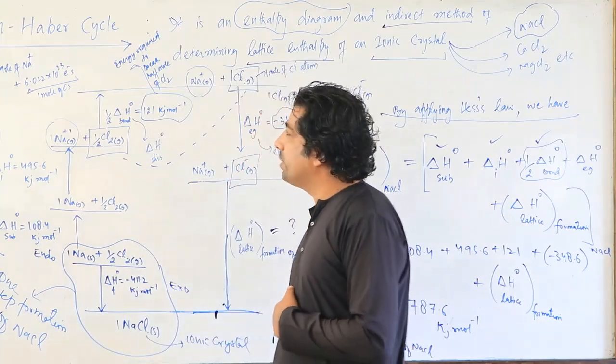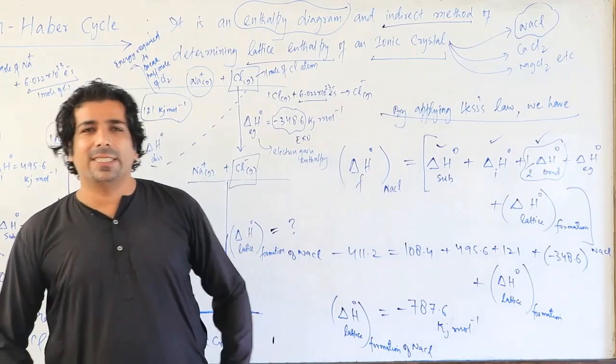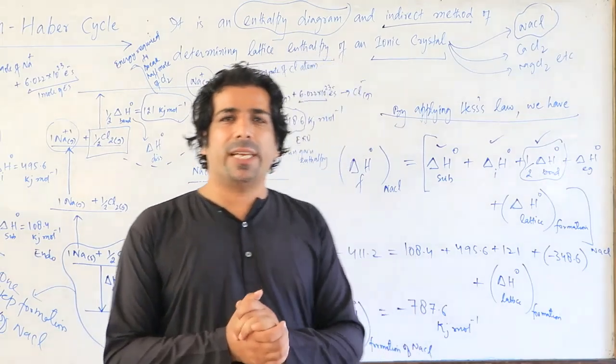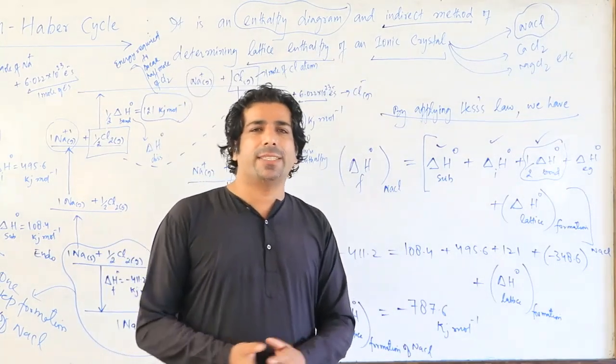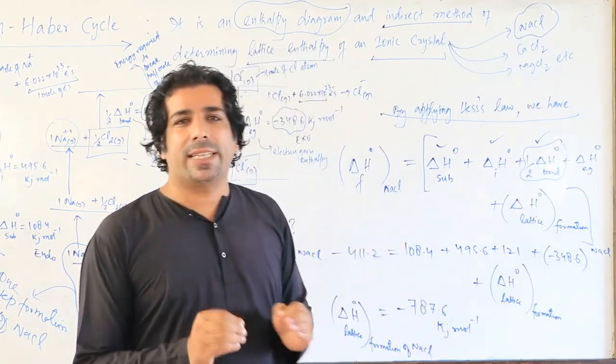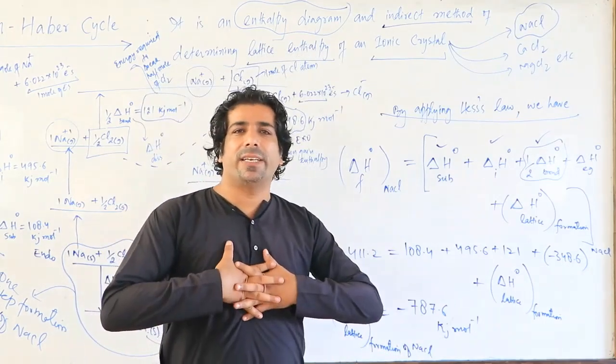Now, my dear friends, the Born-Haber cycle is basically the energy level diagram, or we can say enthalpy diagram. And it's an indirect method of calculation of standard lattice enthalpy of formation of an ionic crystal.